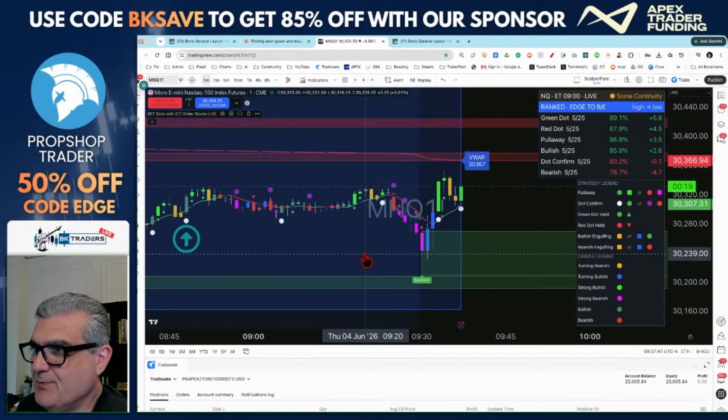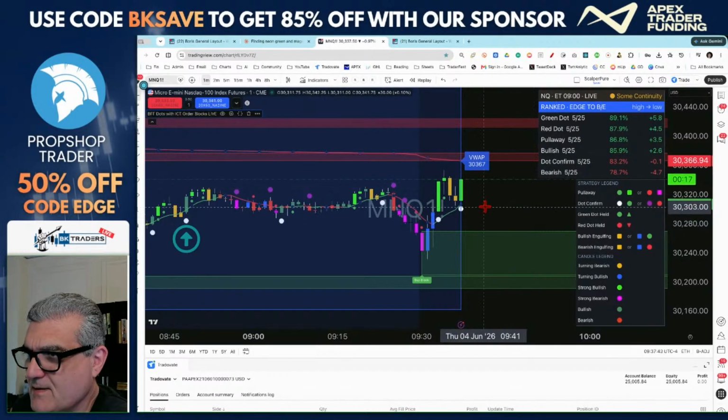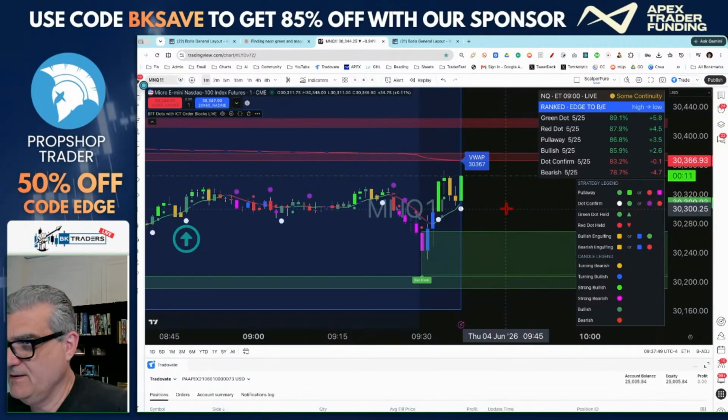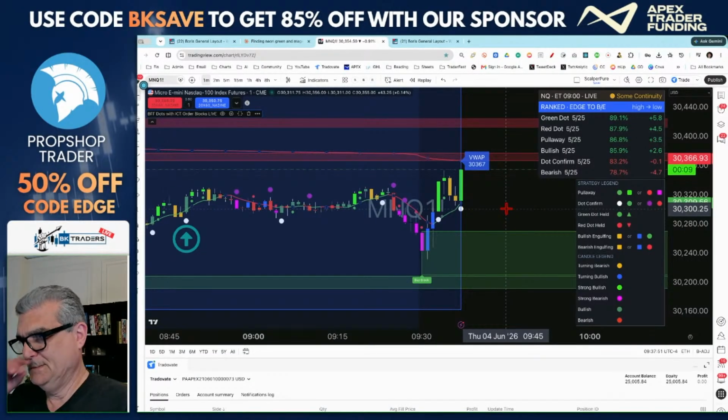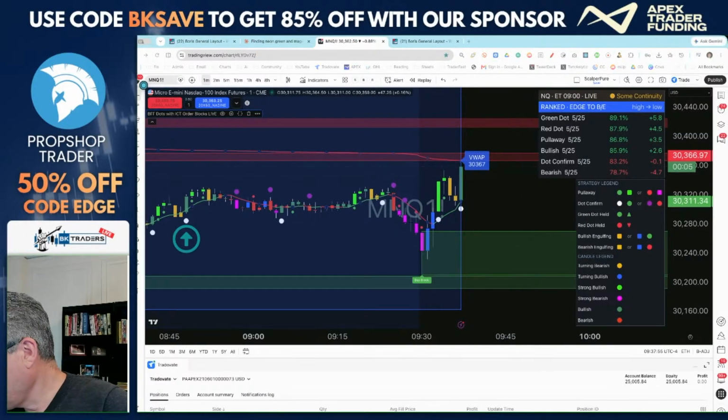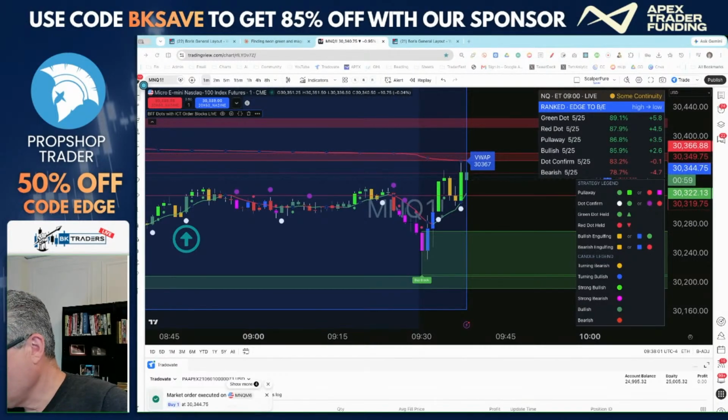See if we can get a bullish engulfing here. 16, 17 seconds left. Pull away, bullish engulfing. See if it's going to play out for us. Coming right back down. Vol.